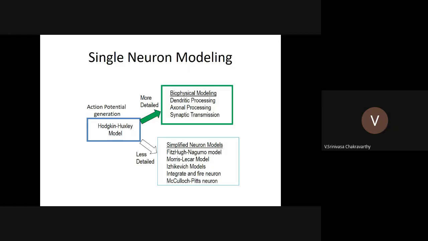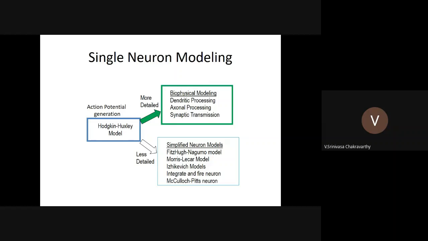Seeing these problems with the Hodgkin-Huxley model and the way the field has been developing, people have suggested simplification of the Hodgkin-Huxley model. That's how the search began for some kind of universal neuron model, a simple model which can explain a lot of things. Not 100 models for 100 different things, but one model which can explain a lot of phenomena.